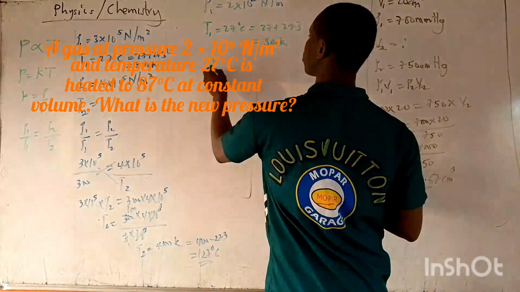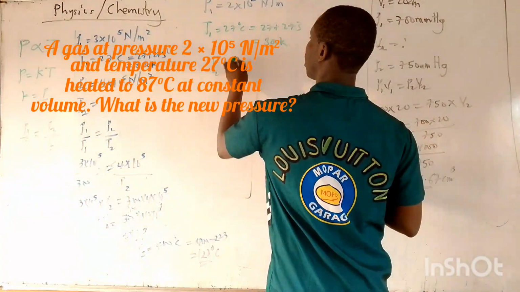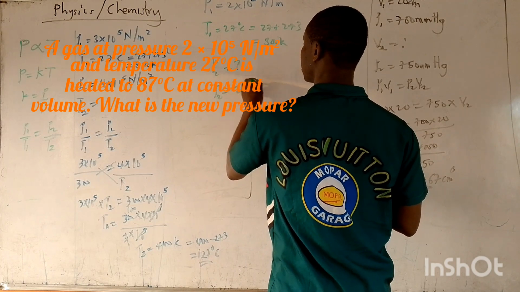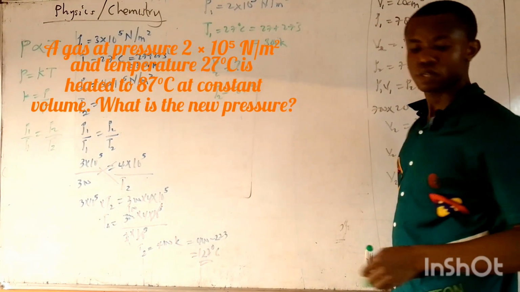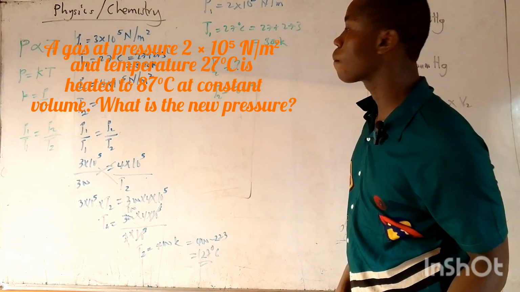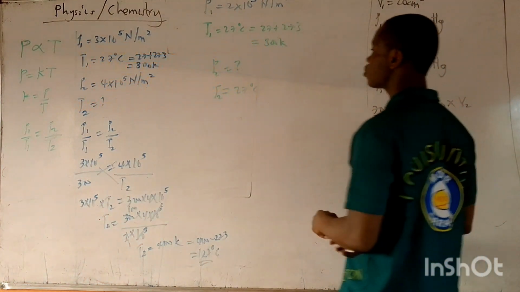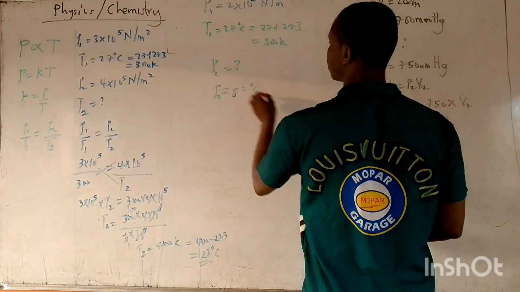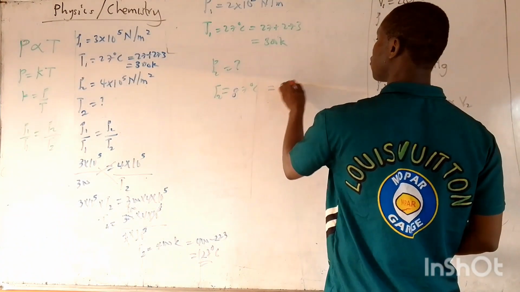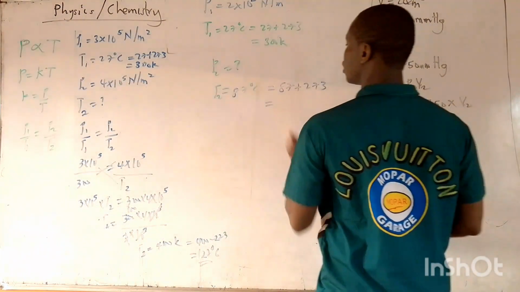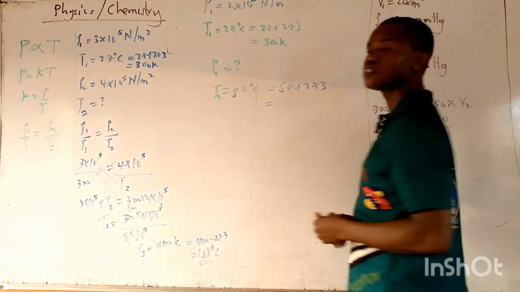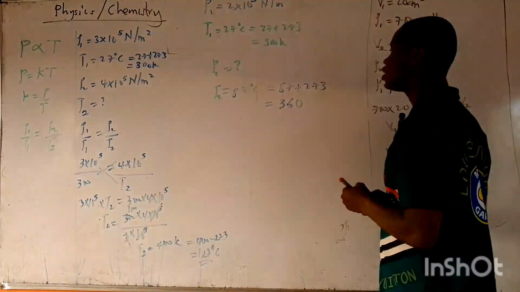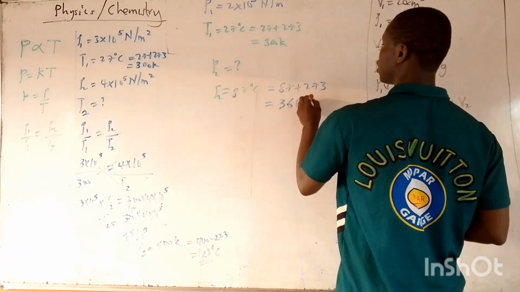We are looking for P2. T2 is 87 degrees Celsius, right? So that would be 87 plus 273, which gives us 360 Kelvin.